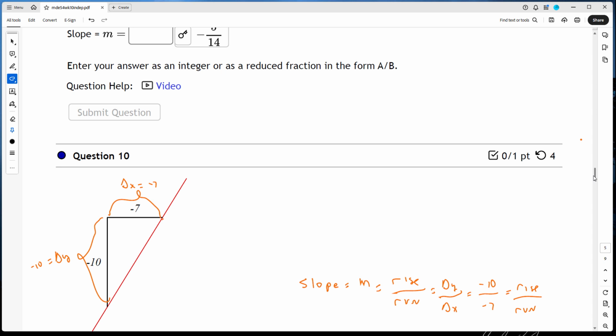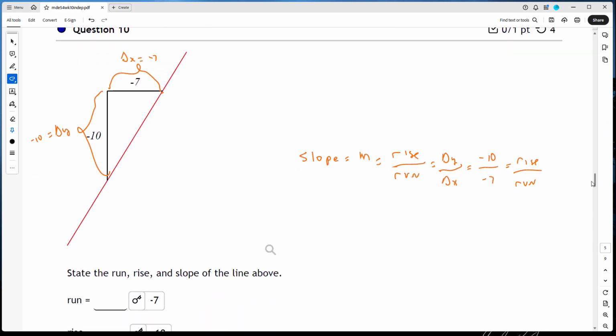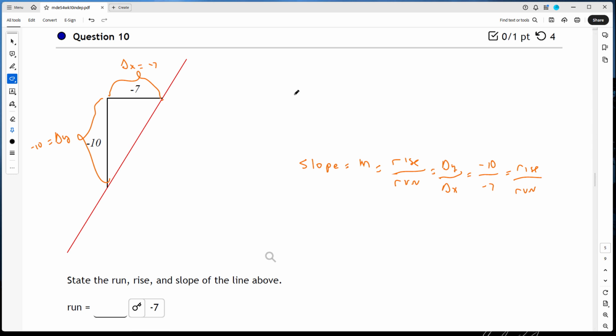Okay. In this case here, the next one is number 10. So in this case here, we have find the rise and run. So my slope here. And this is my line here, and there's my slope there.